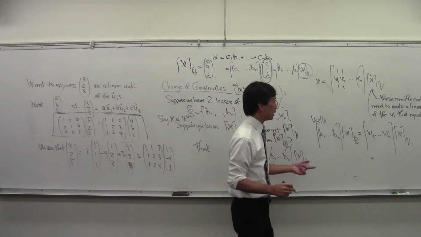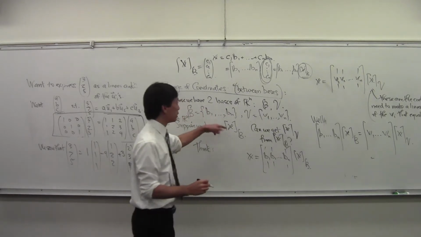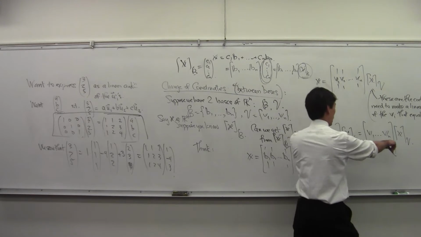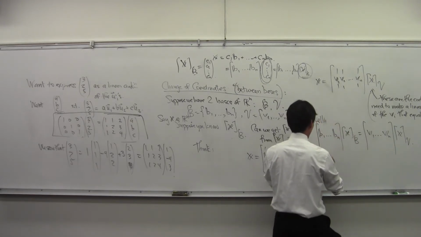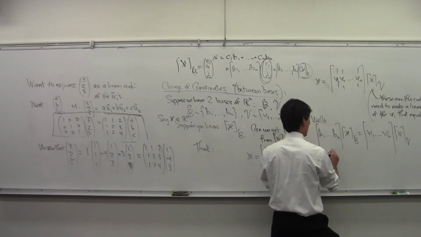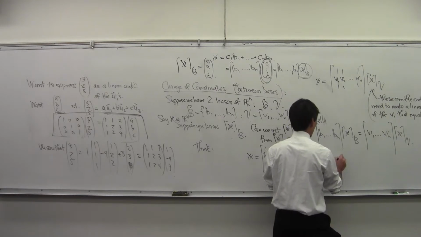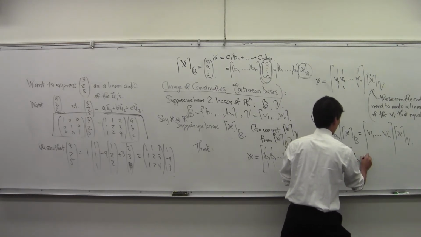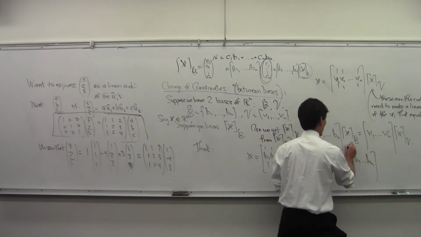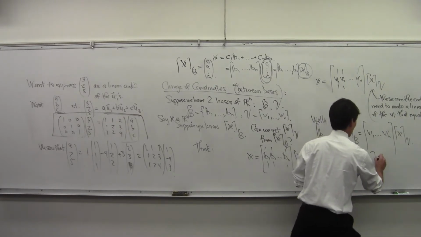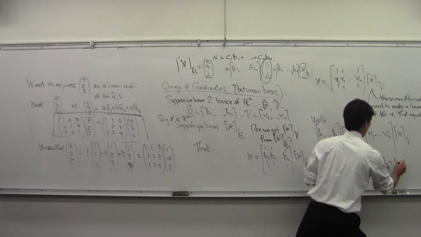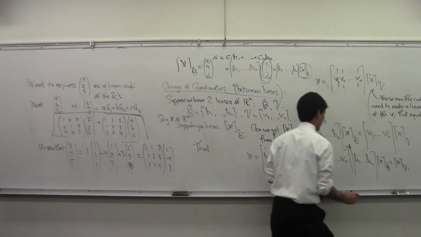So if we want to get from B to V, we have to multiply by the inverse, V1 through Vn inverse, times the coordinate vector here, which gives us the coordinate vector with respect to the other basis.